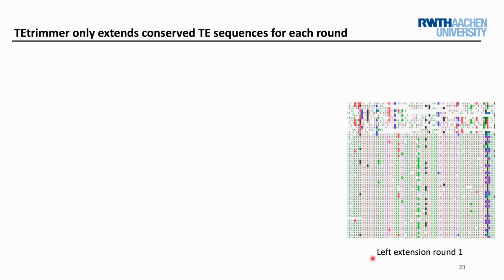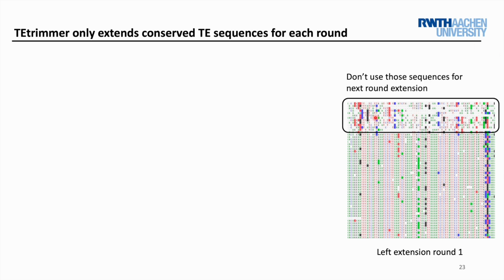This is after the left extension, after the first round extension. We find for those sequences, only extending 1 round will be sufficient because you can already see the alignment for them. They are lowly conserved.